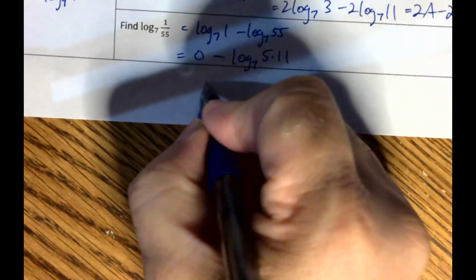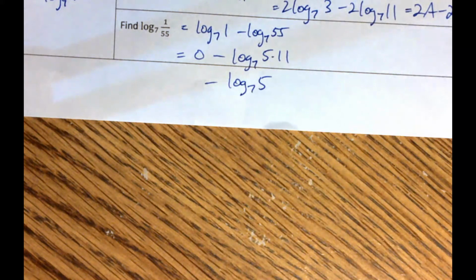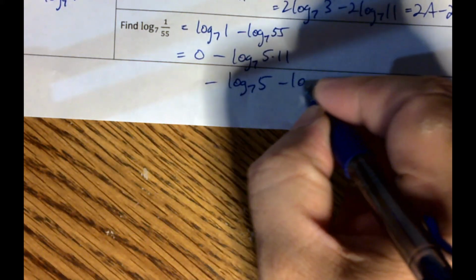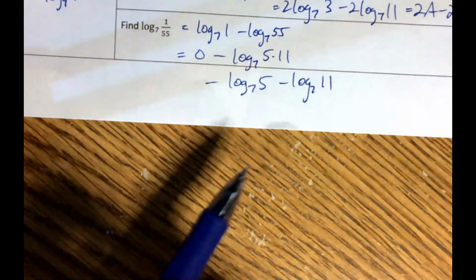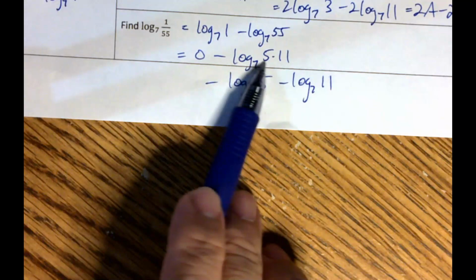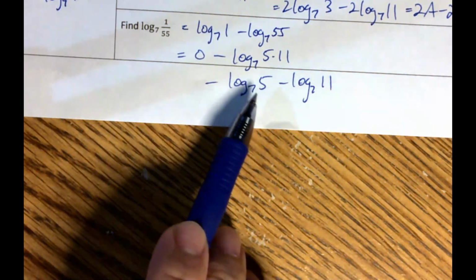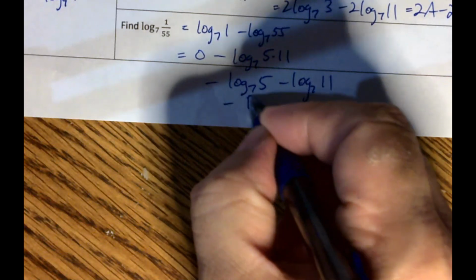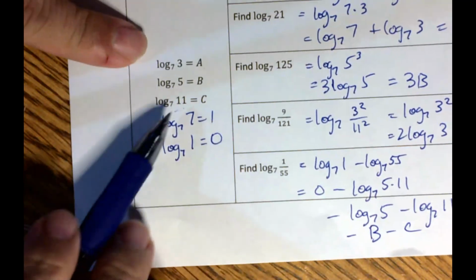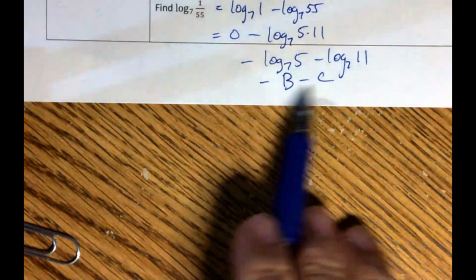I know there's a product property where you split up with a plus sign, but there's a minus sign up here. So you end up doing log base 7 of 11 with a minus sign, because I'm distributing that minus sign. Whenever I split this up, I'm distributing that minus sign. Log base 7 of 5 is B, and log base 7 of 11 is C. So that's how I got negative B minus C.